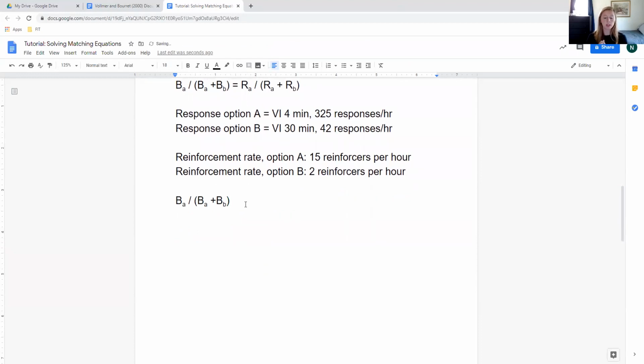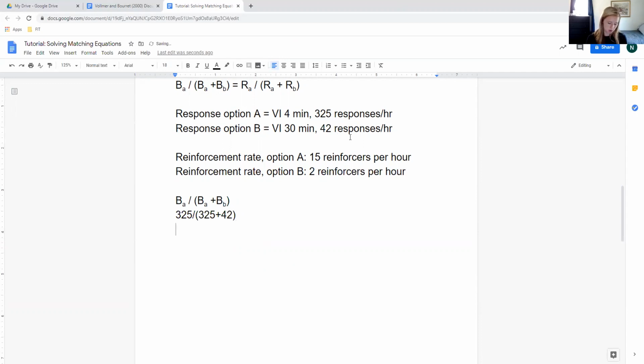First, I'm going to substitute out those variables. The response rate for option A was 325 divided by the sum of the response rate for option A and the response rate for option B.